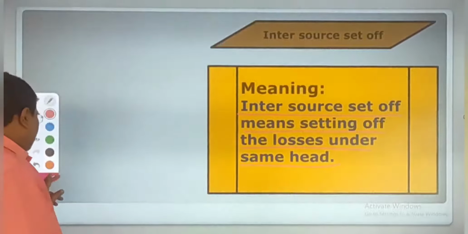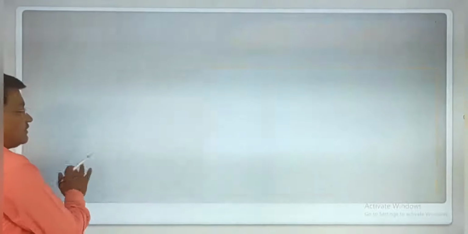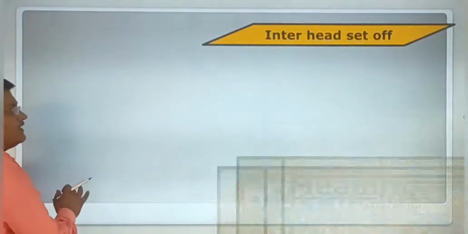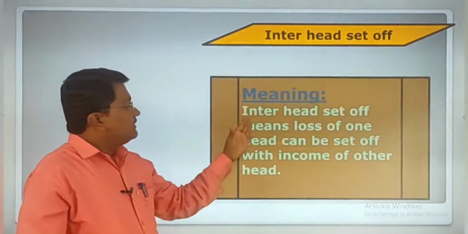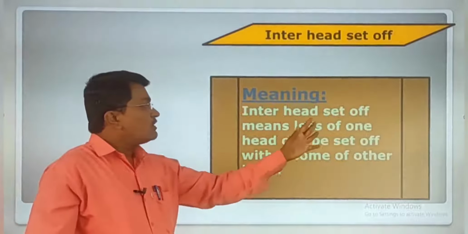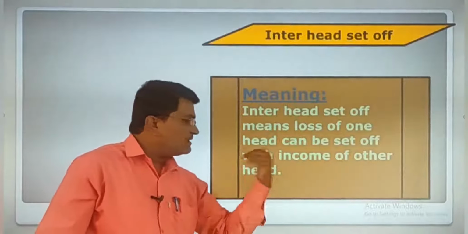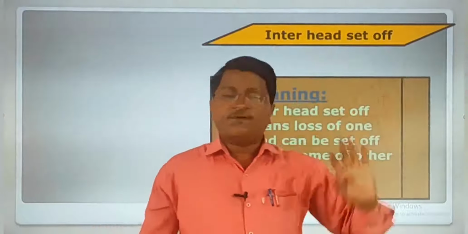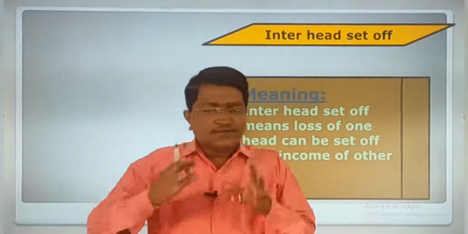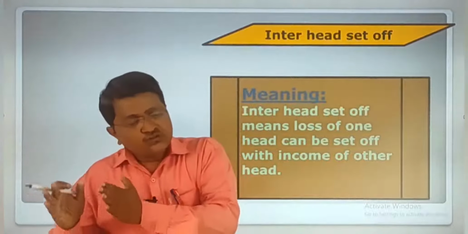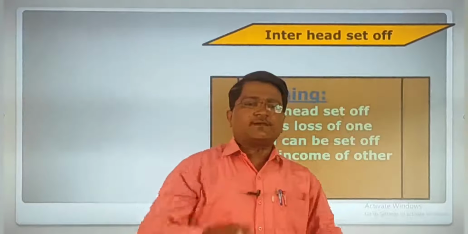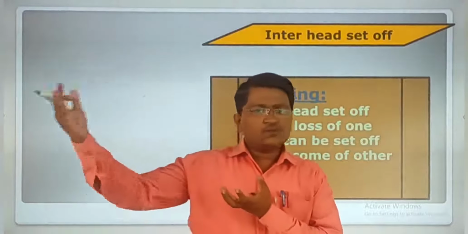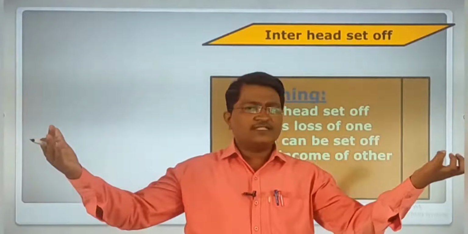Now next we go to inter-head set off. So what is meant by inter-head set off? Inter-head set off means loss of one head can be set off with the income of another head, right? If loss of house property is set off with income from salary, then yes, house property is a different head and salary is a different head.